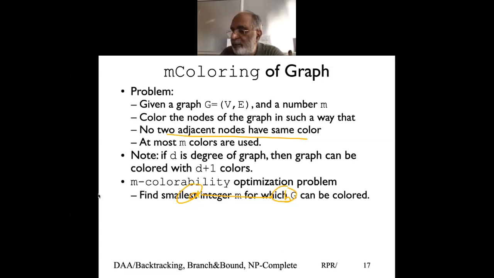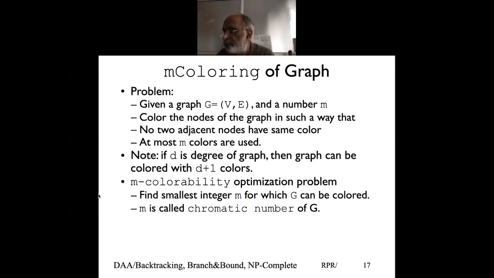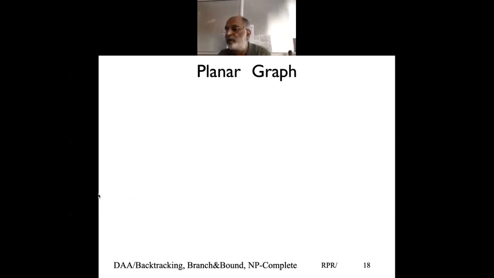And M colorability means: what is the minimum number of colors you can find so that you can color this graph? What is the smallest value of M which you can use so that, using that many colors, you can color the graph? This is called the M colorability problem, and that number M is called the chromatic number.